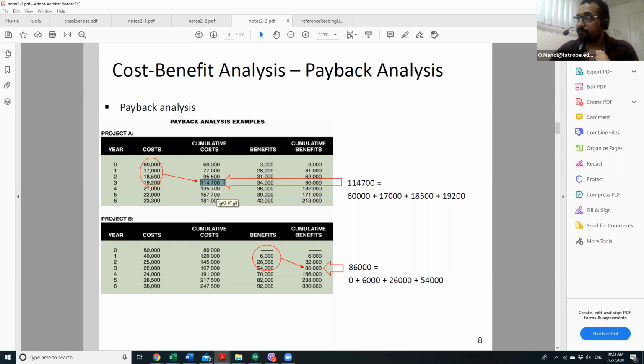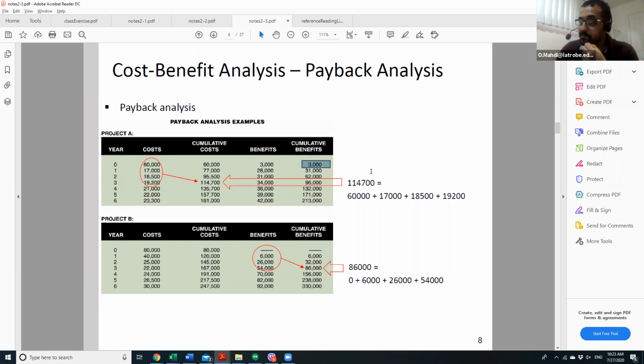And exactly the same process, the same steps, you will apply with the benefits. The benefit for the first year is 3,000, so when we calculate the cumulative benefits, it will take the first value, 3,000 as well.